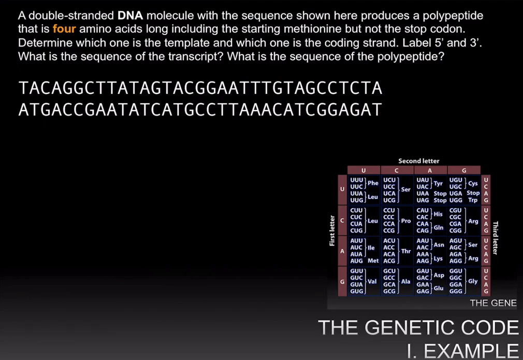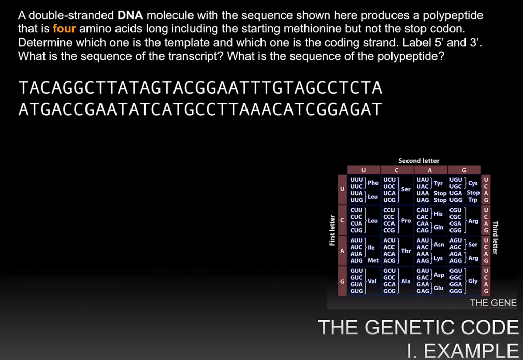And start codons are AUGs, methionines, and since this is DNA, we will be looking for ATGs. And here is one ATG, and there is a second ATG going from right to left on the top strand of DNA.